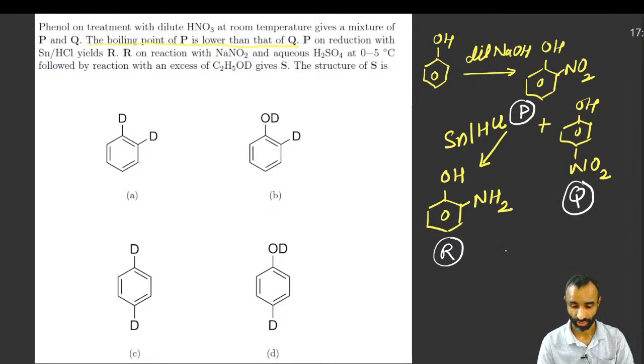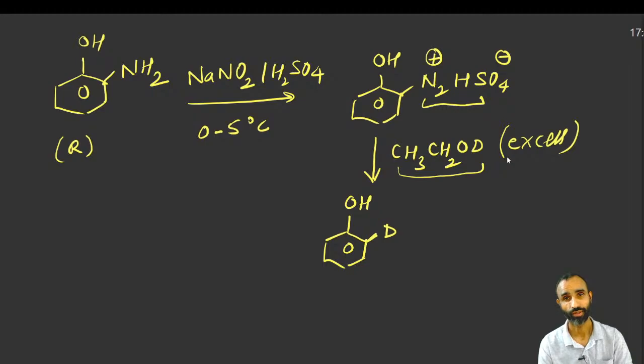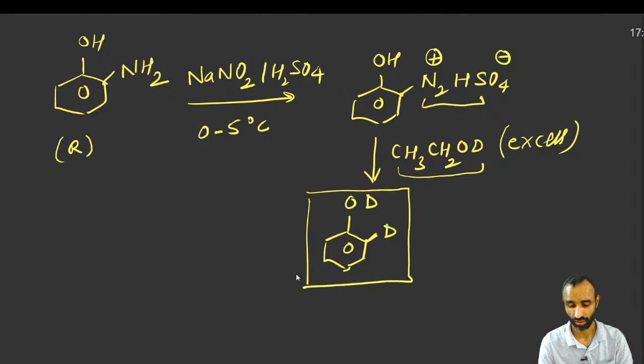And at the same time, for the structure of S, excess of C2H5OD is used. See, it is not 1 mole. Excess of C2H5OD is used. As excess is used, phenol is more acidic than alcohol, so there is an exchange, and therefore ultimately we will get this product.